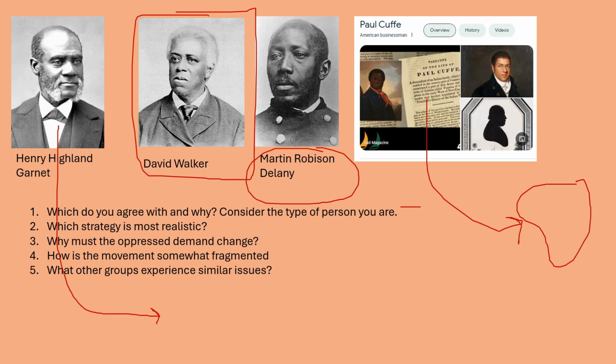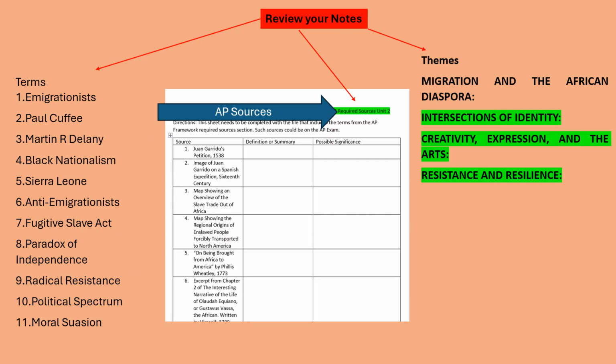And you want to think about these questions here. Which type of person are you? That is going to determine which of the following you would follow. And then you want to continue with these particular questions. At the end, you want to be able to define these terms, the ideas of these leaders.